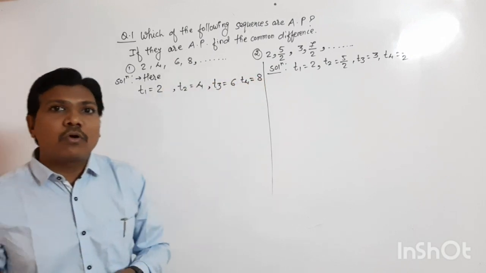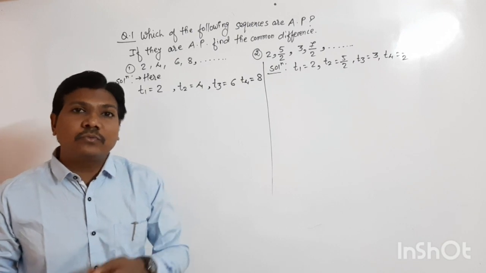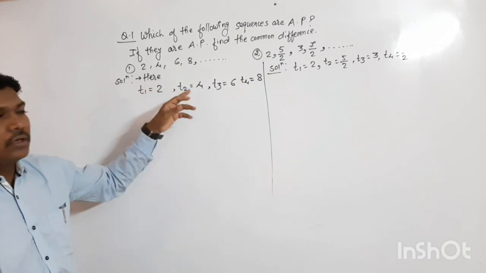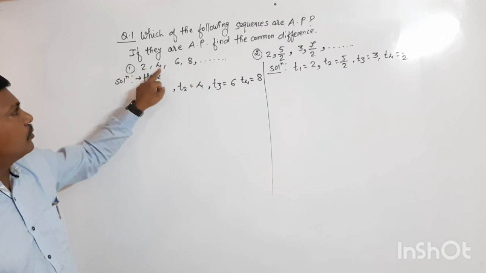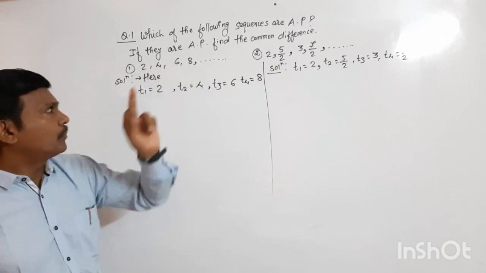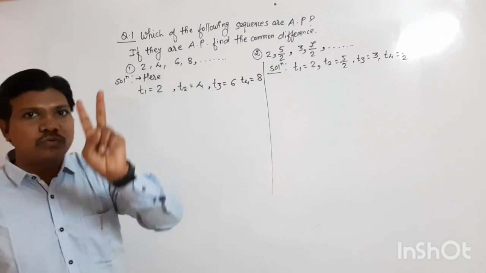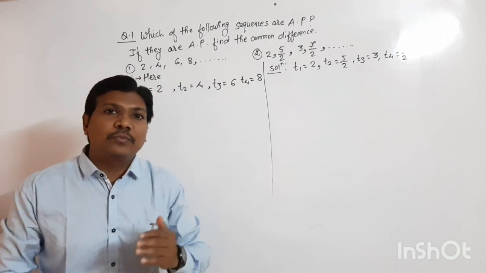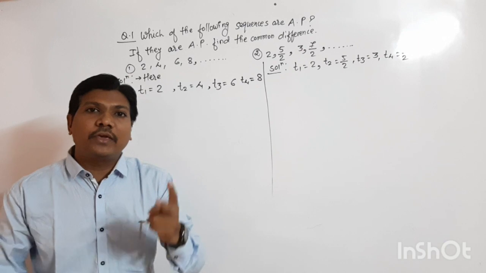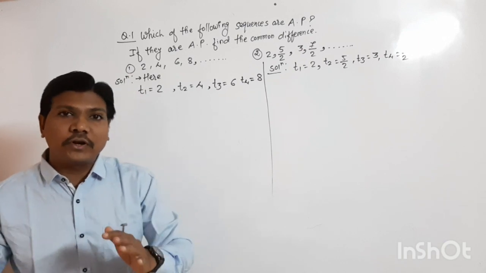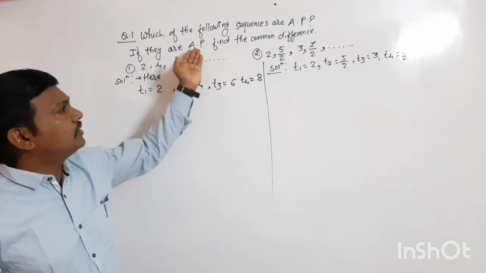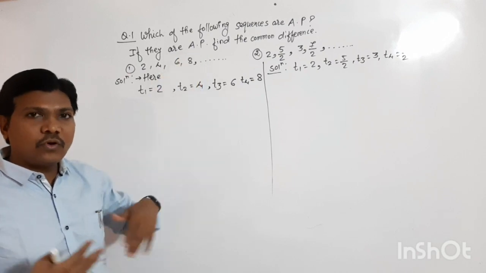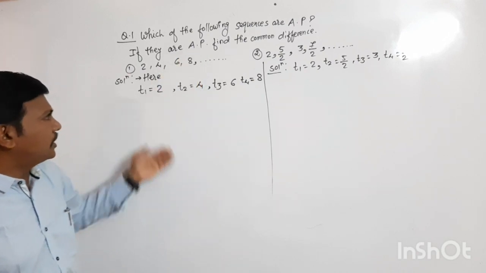Then find the common difference between two consecutive terms. Orally, 4 minus 2, 2. 6 minus 4, 2. 8 minus 6, 2. So the difference between two consecutive terms is 2. That is constant. Therefore this sequence is AP.